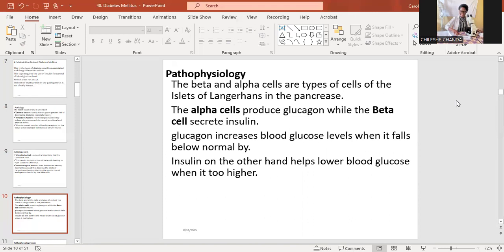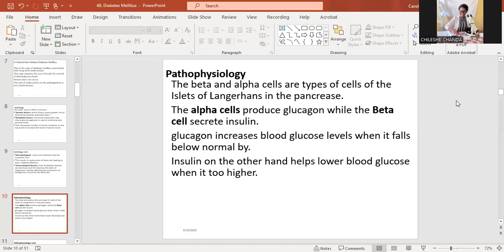So we're saying that in normal cases, the beta and alpha cells are the cells of the islets of Langerhans in the pancreas, where the alpha cells will produce glucagon, and the beta cells will produce insulin. The work of glucagon is to increase blood glucose levels when it falls below normal.